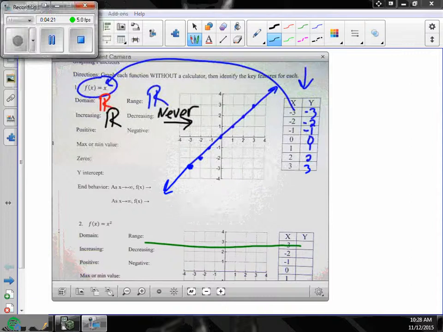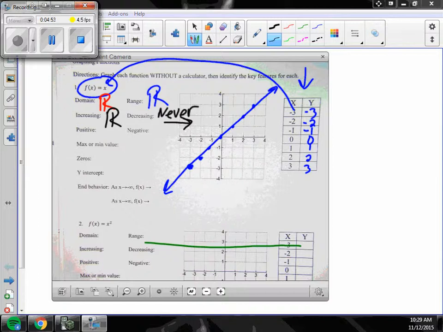Okay? What does positive mean? Meaning when it's above the x-axis. Is this graph ever above the x-axis? Okay, when does that happen? It is positive at 1. 0.1, can you go smaller than that? 0.001. What about at 0? Is the graph above the x-axis at 0?